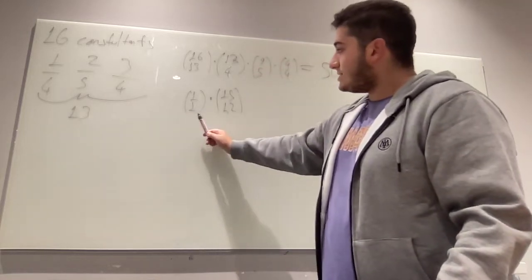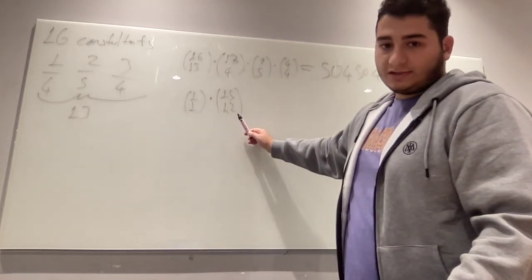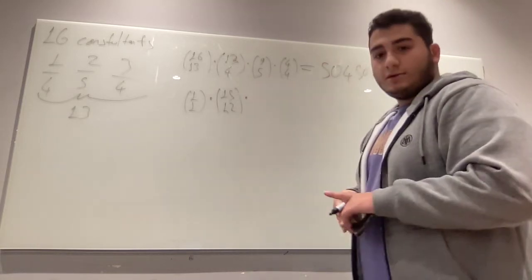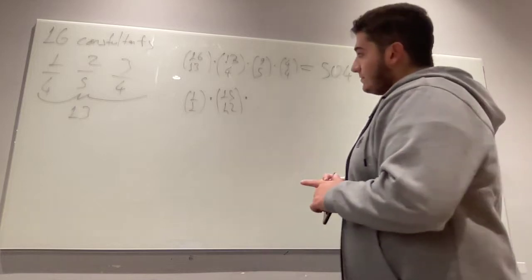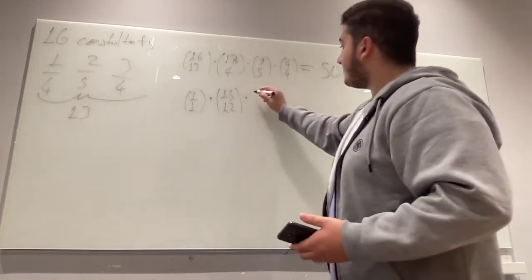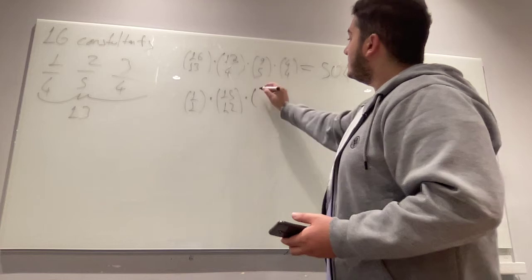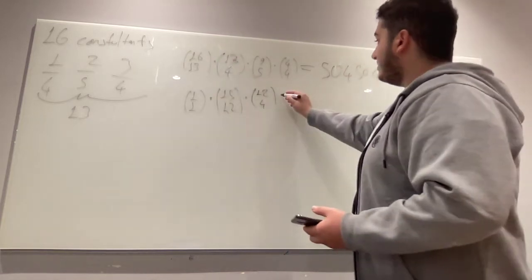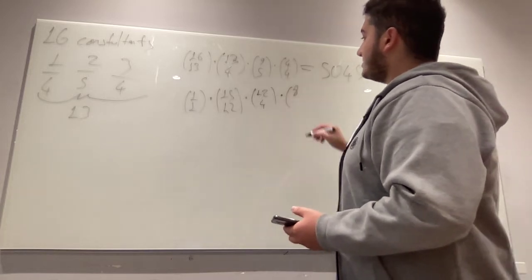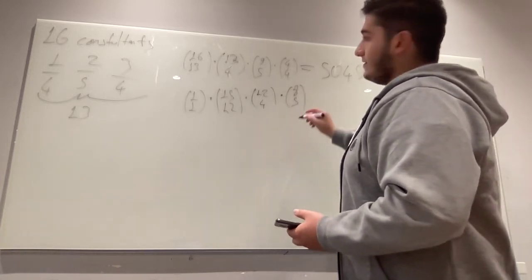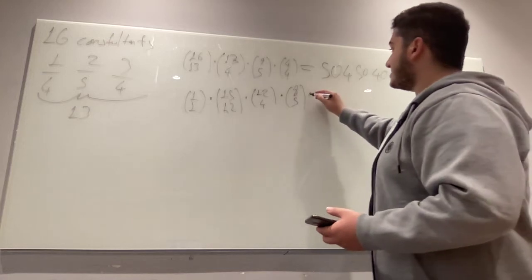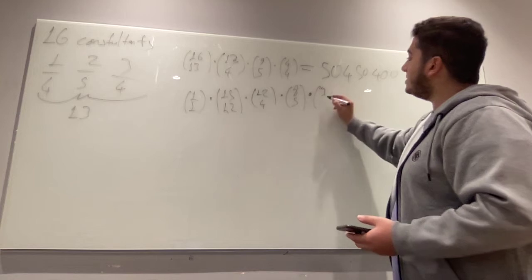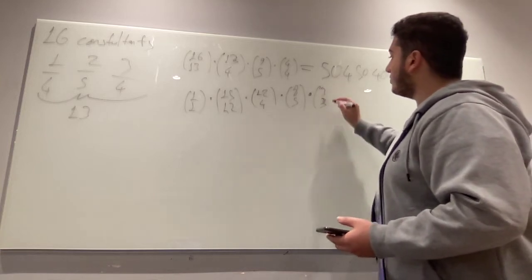One of them is Ahmed, and 12 consultants remain. 15 choose 12 to work on projects, times 12 choose 4 for project 1, times 8 other consultants remaining, 8 choose 5 for project 2, times 3 other consultants remaining, 3 choose 3 for project 3.